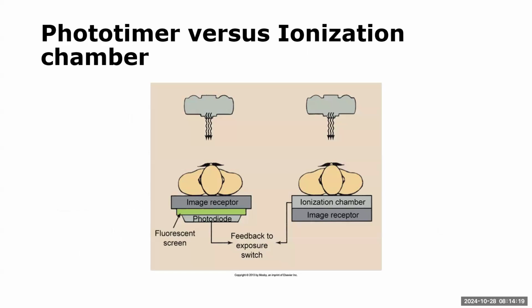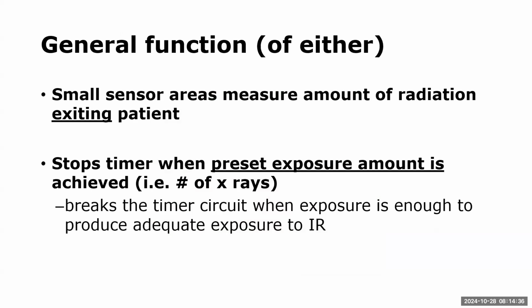On the left, you have the older photo cell type of technology, and on the right, you have the ionization chamber. The bottom line is both of them are going to send a signal to the timer switch to shut off when a preset charge is met.